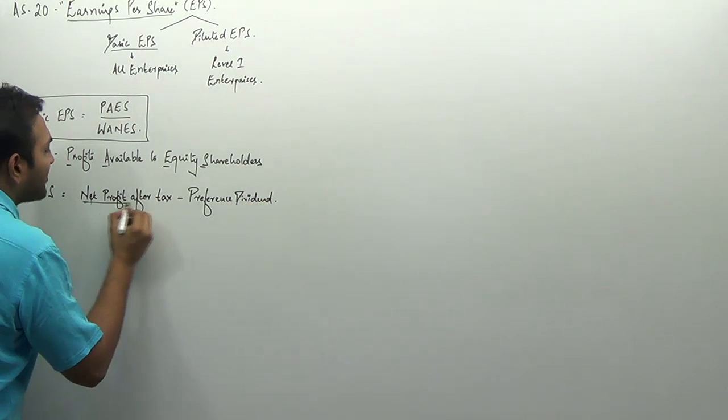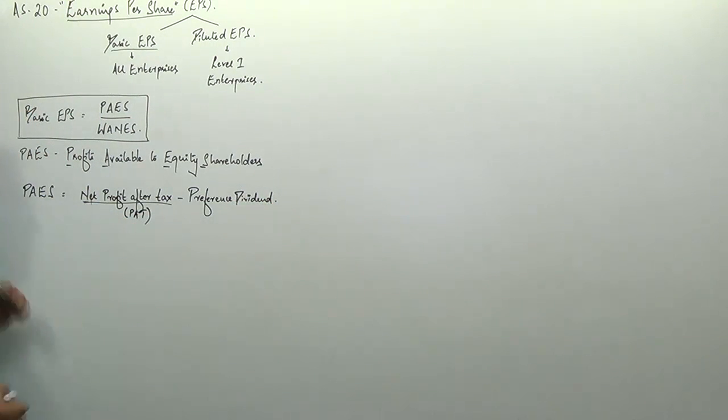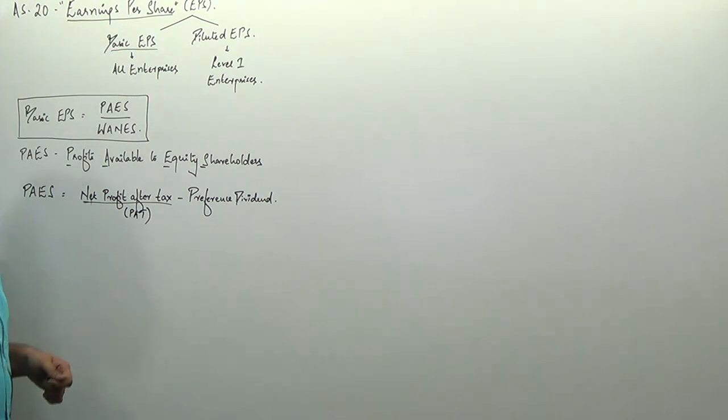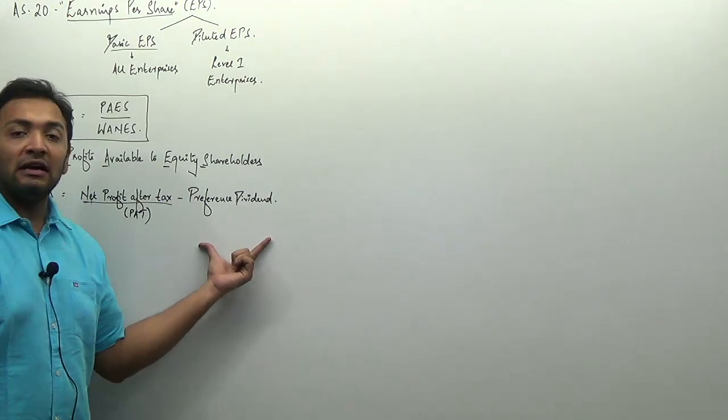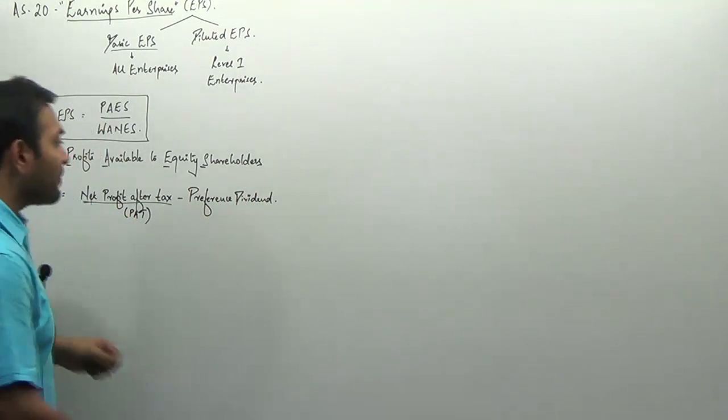Net profit after tax is nothing but your PAT calculated after all expenses, whatever is the profit after tax, that is the resulting figure from your P&L, is what is to be considered, and should be reduced by the amount of preference dividend. Now, when you're talking about the deduction of preference dividend, there are two types of preference shares that we popularly know.